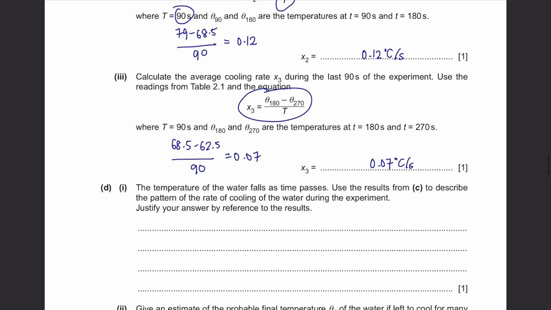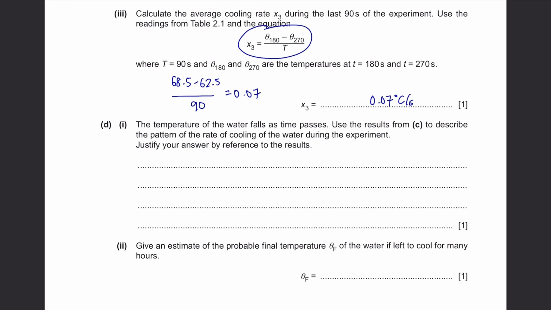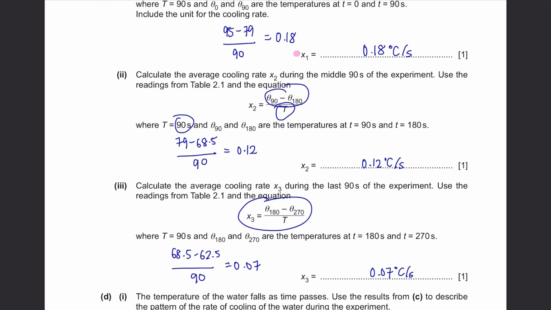Part D. The temperature of the water falls as time passes. Use the results from Part C to describe the pattern of the rate of cooling of the water during the experiment. Justify your answer by reference to your results. Now, what we've just calculated, x1, x2, and x3, these are the cooling rates, basically showing us how fast it cools down over a period of time.